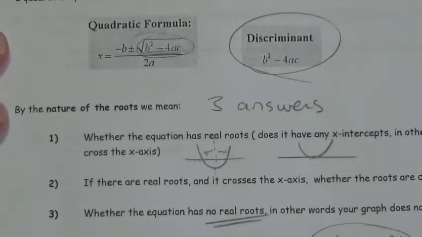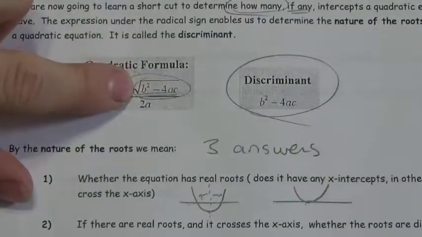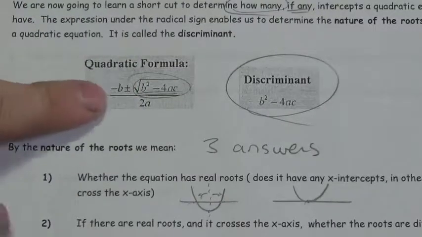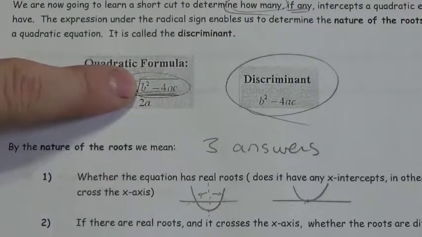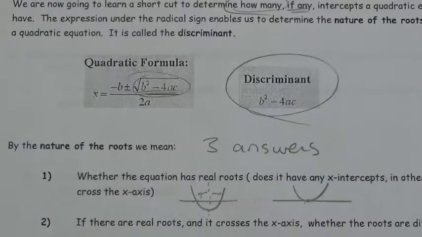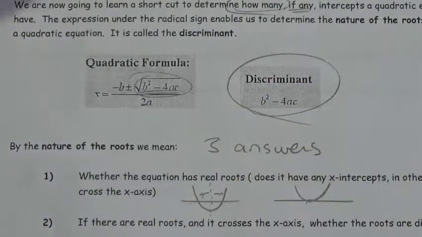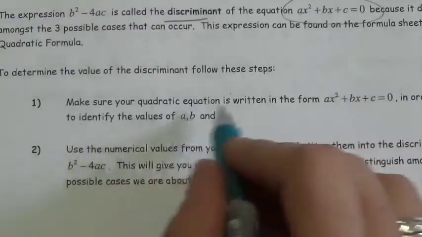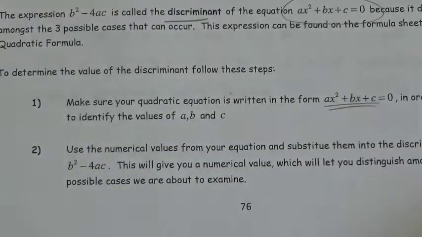And the issue is, and I'll just slide back up here again, the issue is under the radical. That's where all the real decisions get made right there. Okay, it's what's under the radical that either allows us to move ahead and find the solutions or back off, there is no solution. So first thing we're going to do is put our quadratic equation in standard form so that you can identify the a, b, and the c.